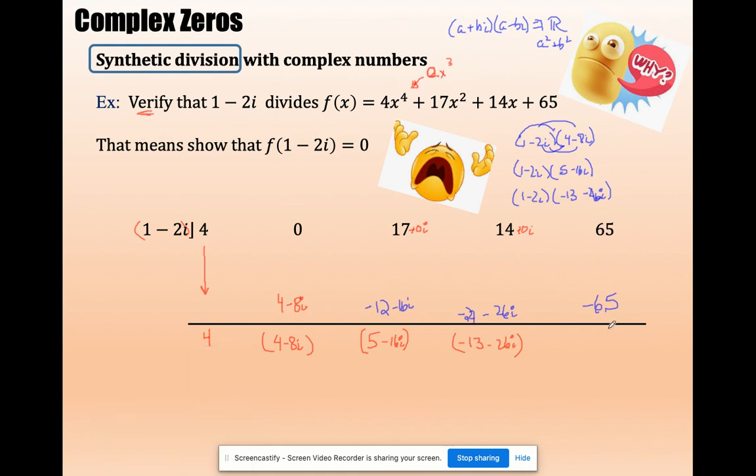Therefore, since I divided this fourth degree polynomial by 1 minus 2i and the remainder is 0, therefore 1 minus 2i is a factor of f of x. One of the factors. And as a matter of fact, because 1 minus 2i is a factor, who else is a factor?